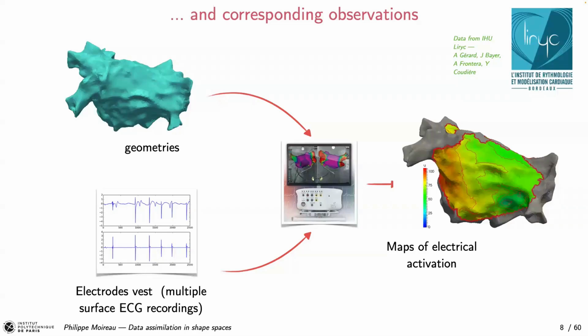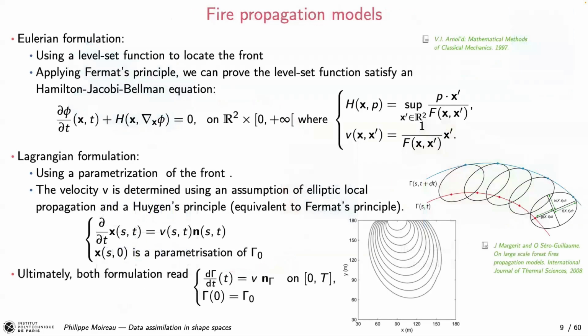Okay, and last example, fire propagation models. Just to say that we are not working only on the cardiovascular system. From what we have developed on the reaction diffusion problem, people from Fairfax asked us about using the same type of technology for fire propagation models.